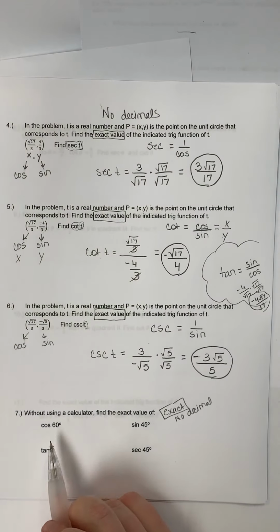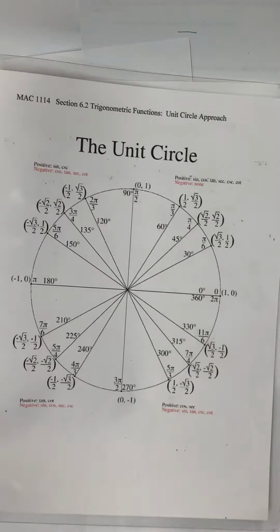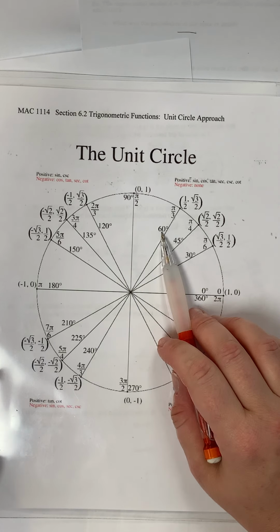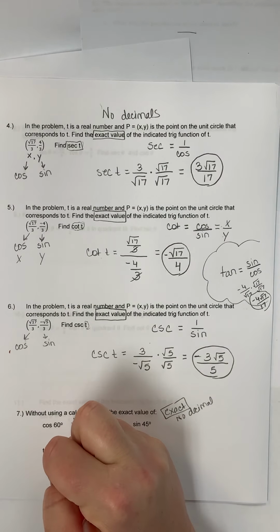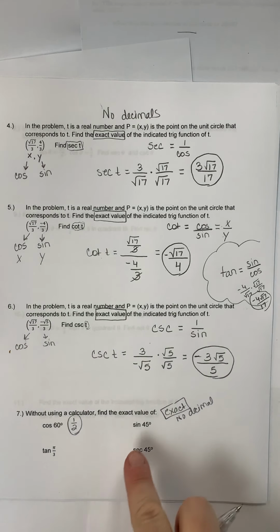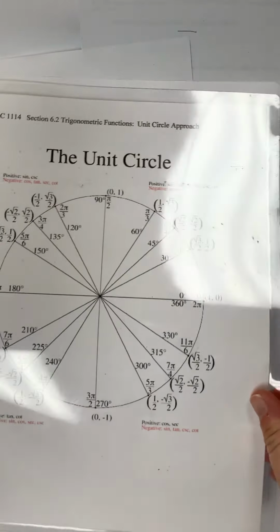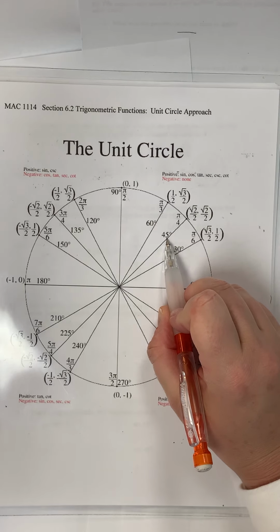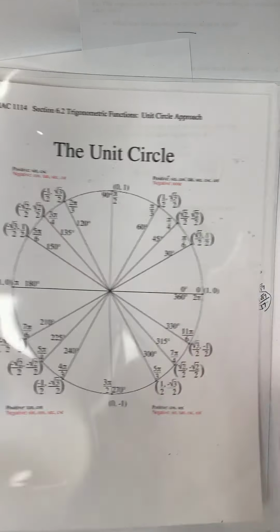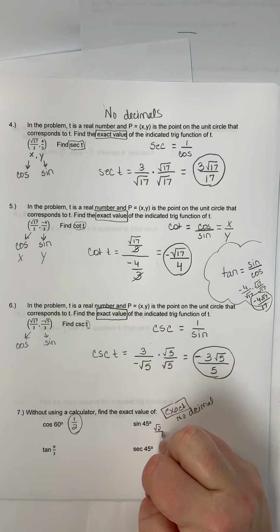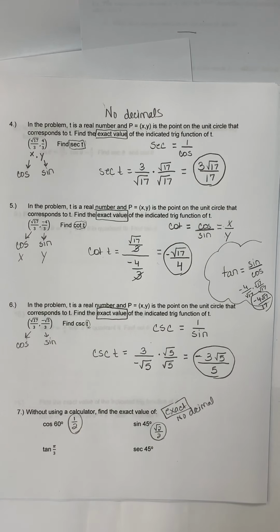So here we go. Cosine of 60 degrees. Here's 60 degrees. Cosine's the first one, 1/2. Okay. Sine of 45 degrees. Here's 45 degrees. Sine is the second number, the y, √2/2. Okay, no decimal.